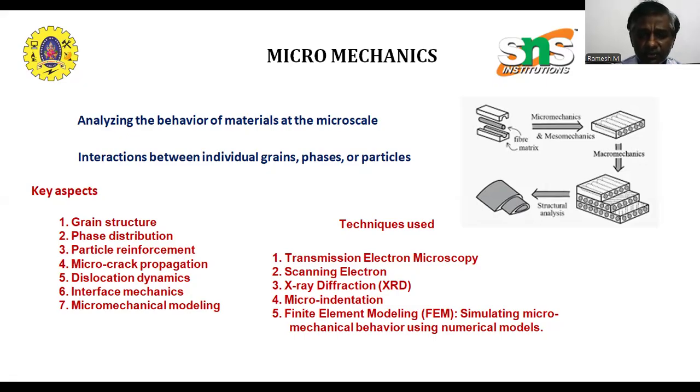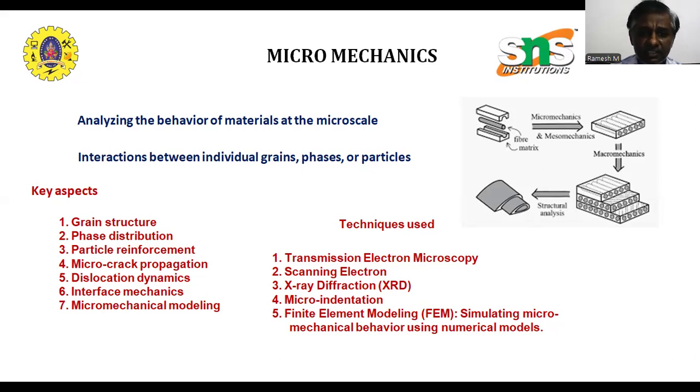The micromechanics of materials approach involves analyzing the behavior of materials at the microscale, considering the interactions between the individual grains, phases, or particles. This approach helps to understand the material's overall properties and behavior.